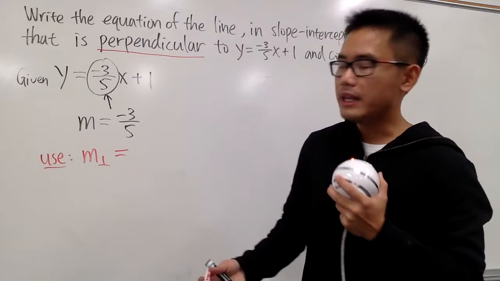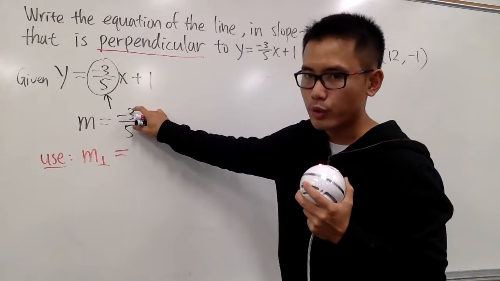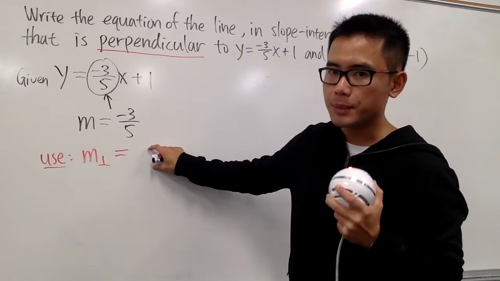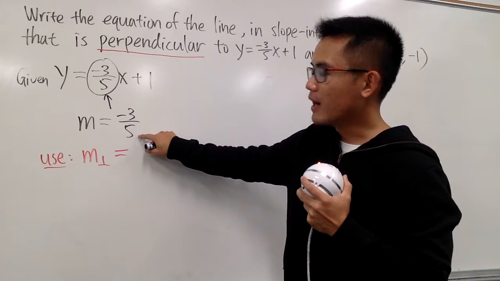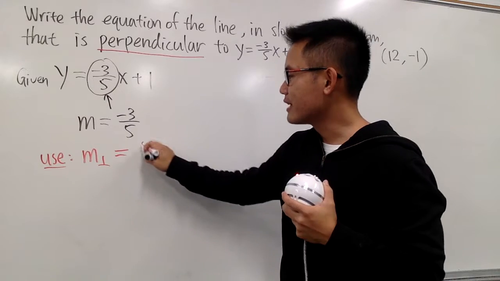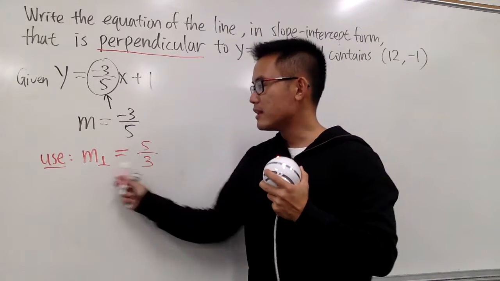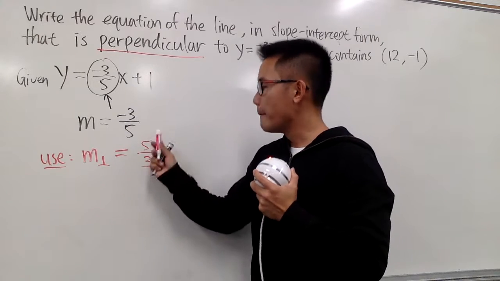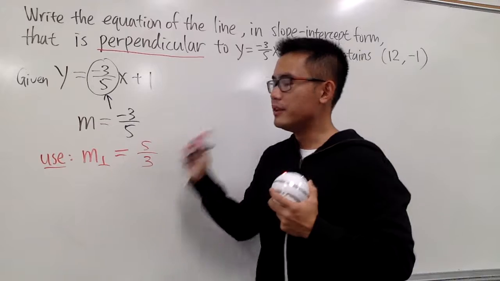Okay, so what you do is that you do the opposite sign. Since this was negative already, the perpendicular slope is going to be positive. And then you do the reciprocal. So instead of the 5 on the bottom, you will have the 5 on the top, and then the 3 on the bottom. So in fact, the perpendicular slope is 5 over 3. Positive 5 over 3, this is the slope that we are going to use, right, for the perpendicular slope.